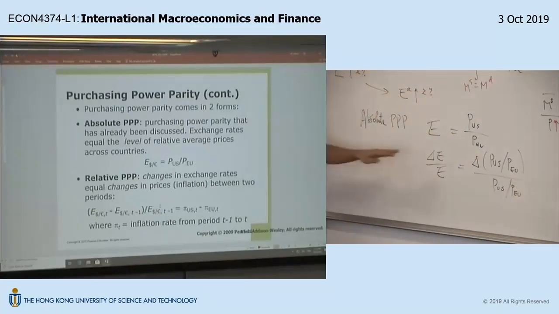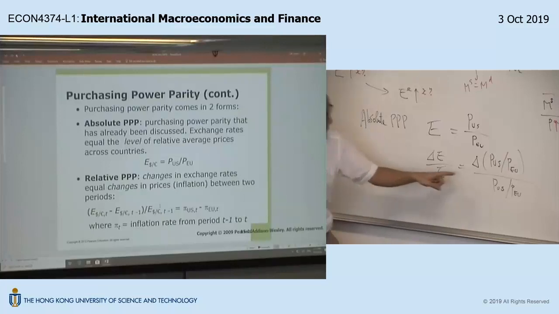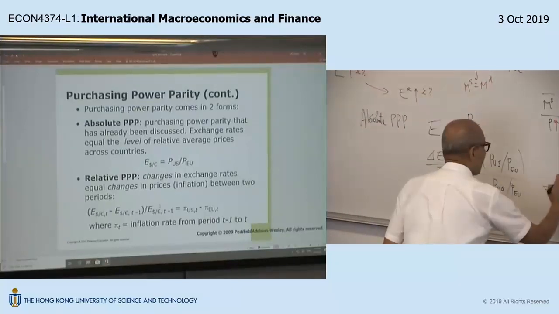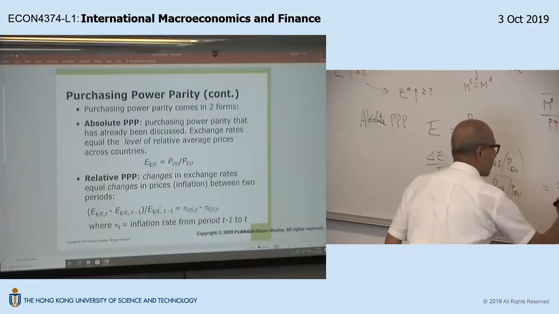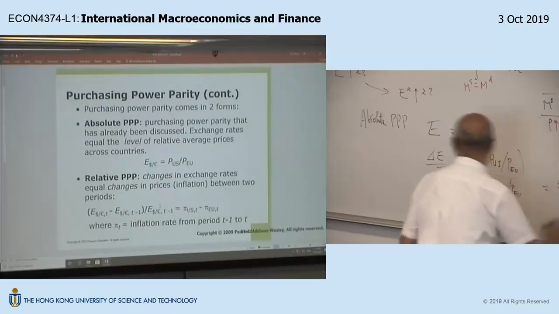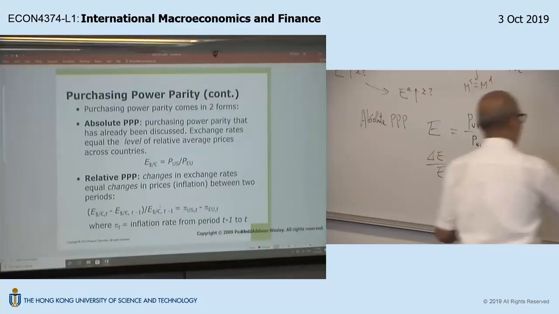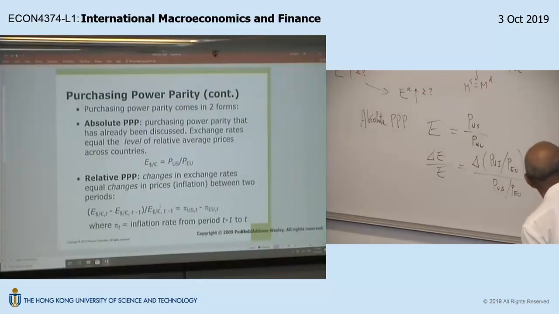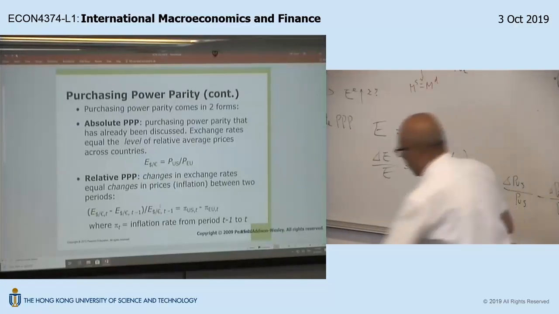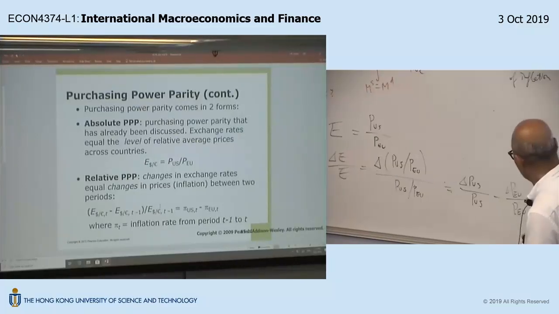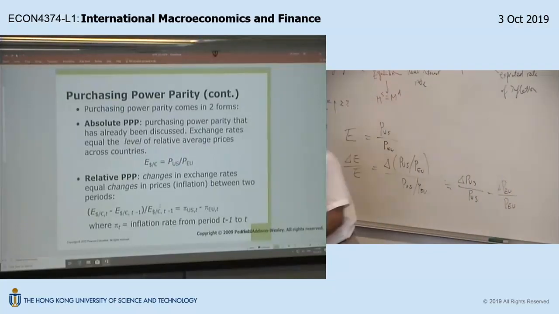The percentage change on the left-hand side is equal to the percentage change on the right-hand side, but this itself is equal to the change in P US over P US minus the change in P EU divided by P EU, approximately. This is an approximation, true when we are talking about infinitesimal change.